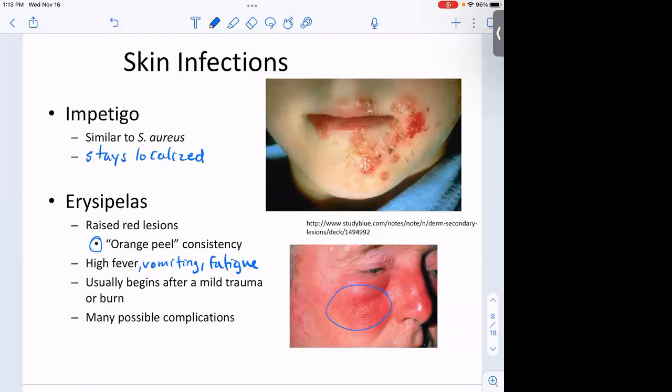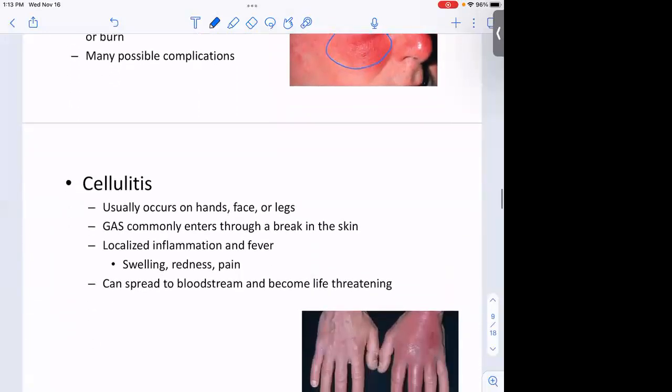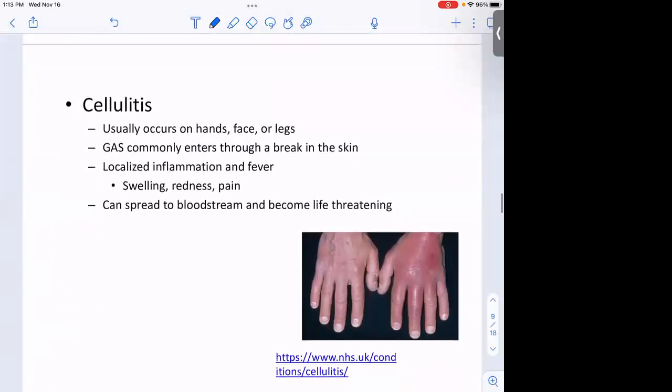Very similar to erysipelas, but usually maybe thought to invade a little bit deeper in the skin, is an infection called cellulitis. And this can be caused by other organisms besides strep pyogenes. Once again, similar to erysipelas, it usually starts out by having a little break in the skin somewhere or a burn. GAS, that stands for Group A Streptococcus, and strep pyogenes.